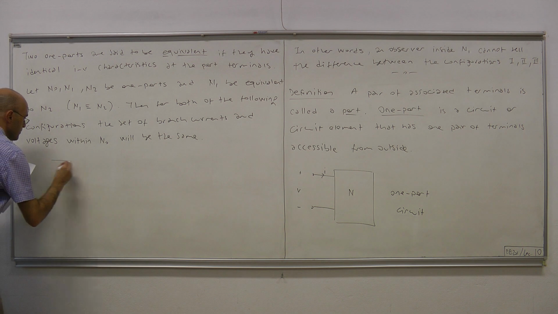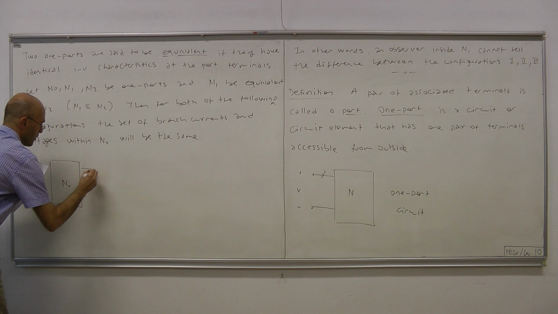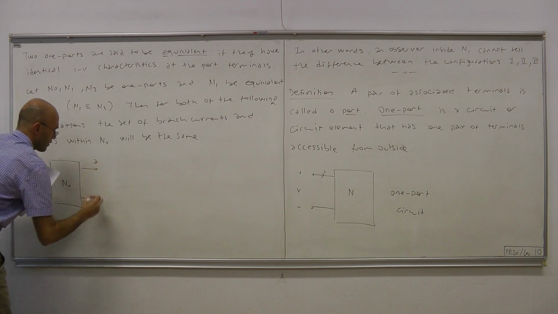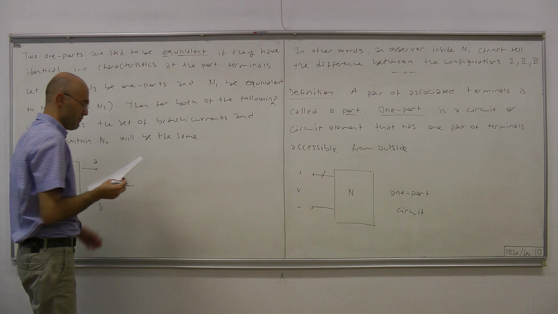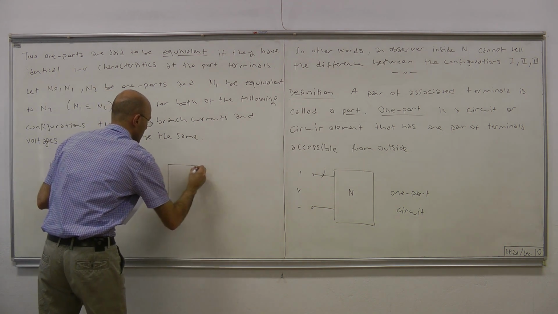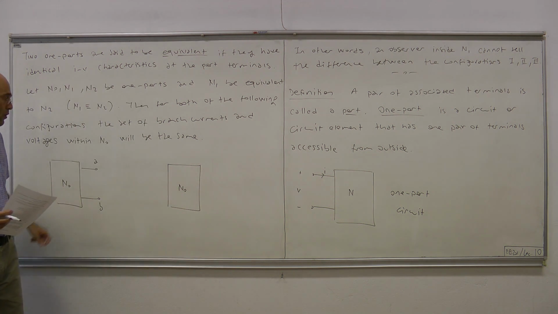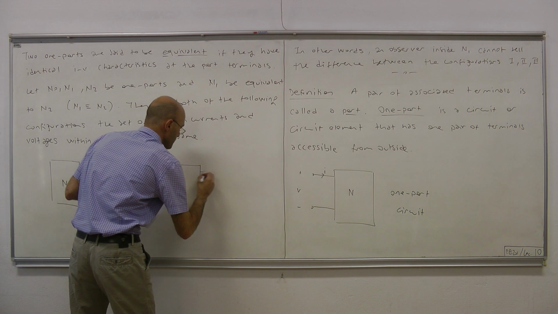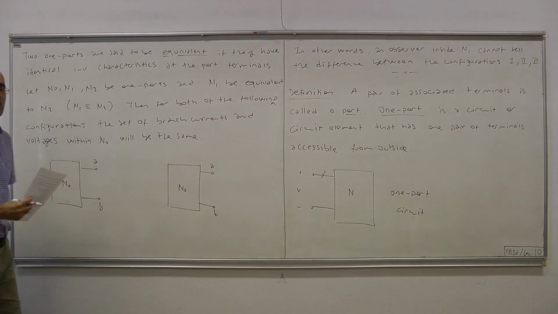Okay, here we have N0 with terminals labeled A and B. Here we have, okay, the replica of the same circuit N0 with terminals A and B. Okay.